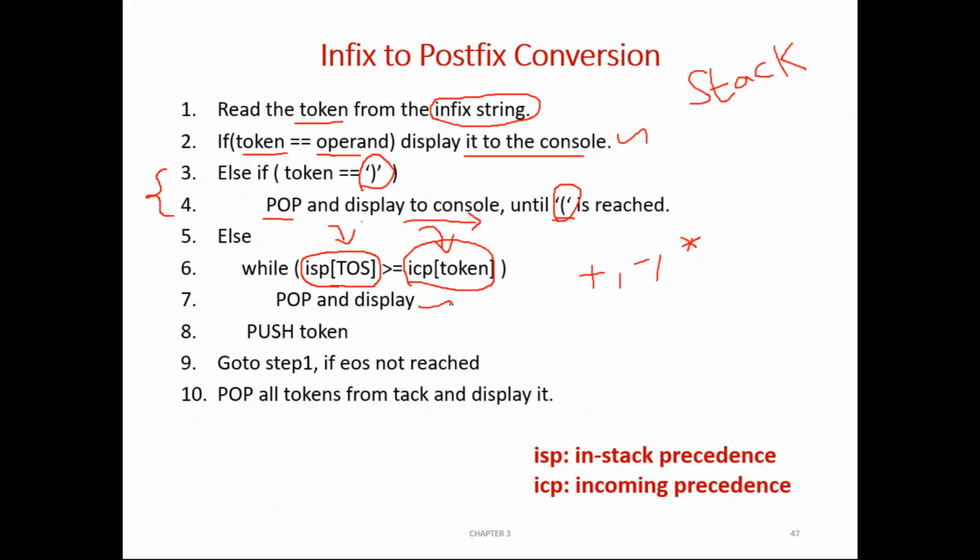Keep doing this repeatedly, until the precedence of the element at the top of the stack is lower than the incoming token's precedence. The moment you find that the top of the stack element has a lesser precedence than the incoming element, then don't pop.